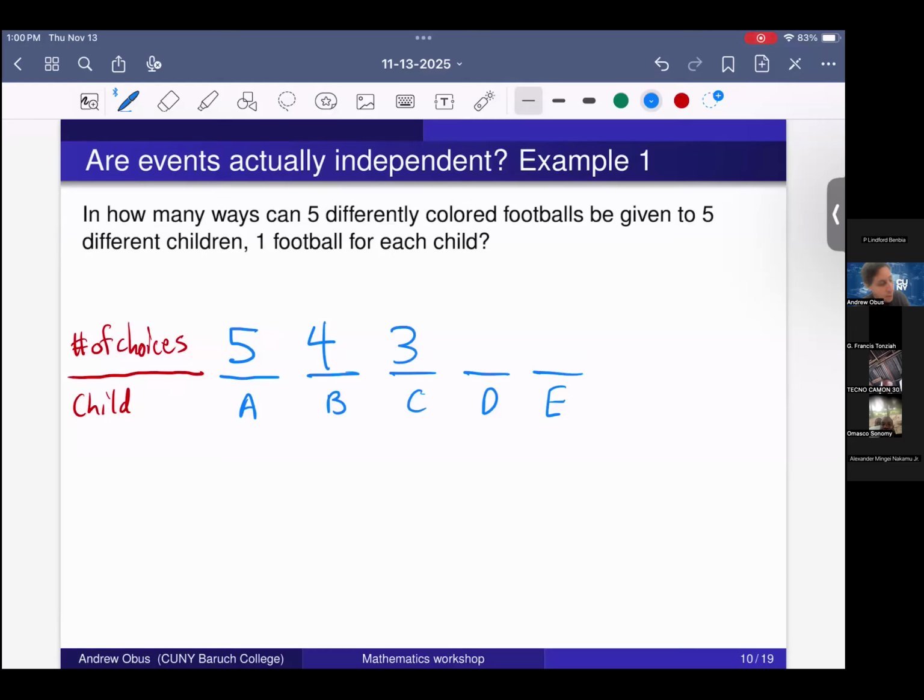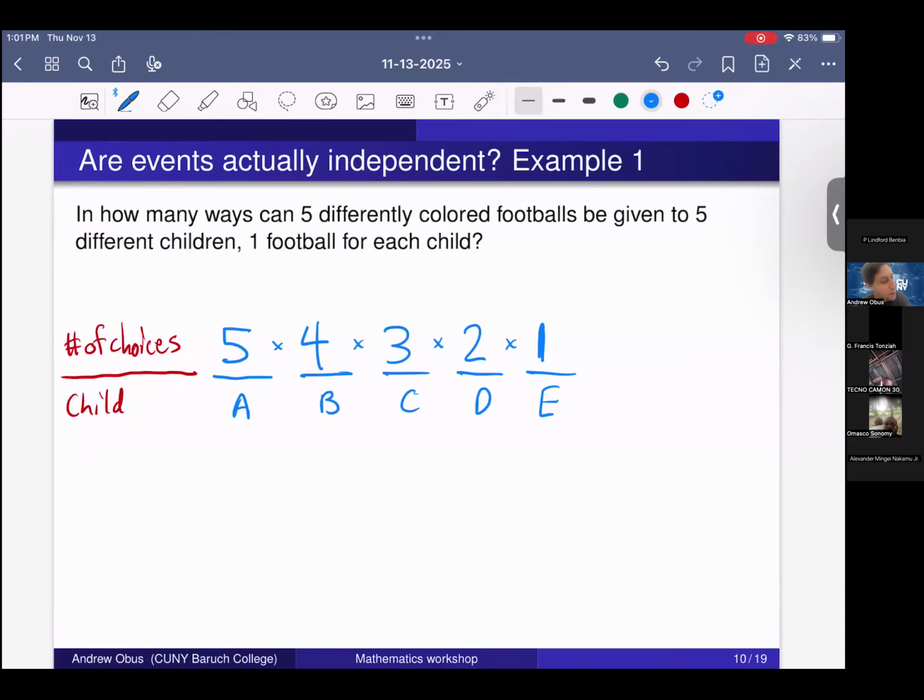And then the pattern continues, two for D, and then there's only one left to give to E, right? And here we've got multiplication, multiplication, multiplication, multiplication. This is the multiplicative principle. That's why I have all of these multiplication signs here. And if you do 5 times 4 times 3 times 2 times 1, you get 120.